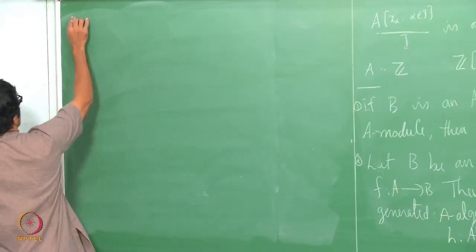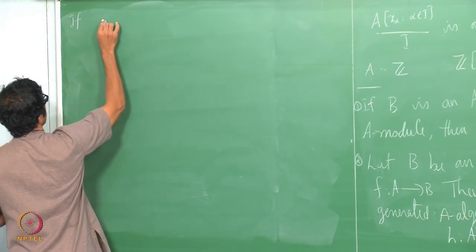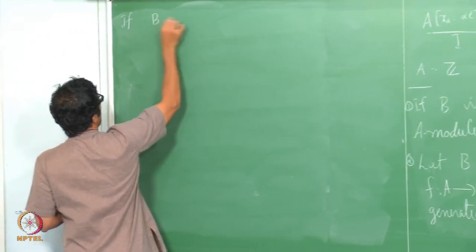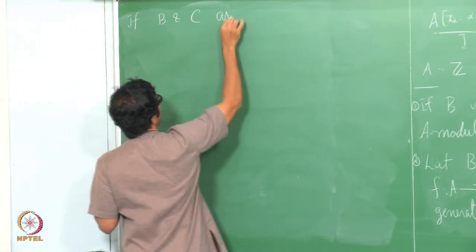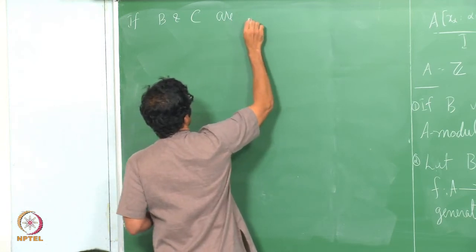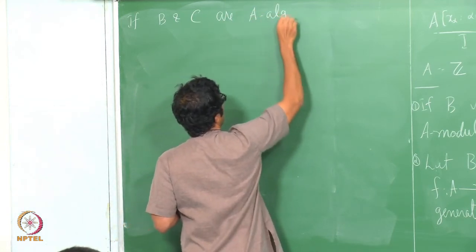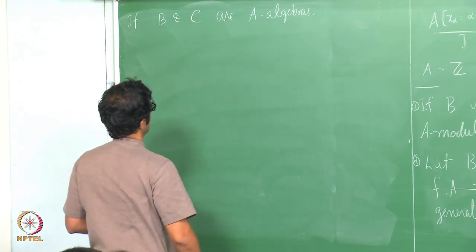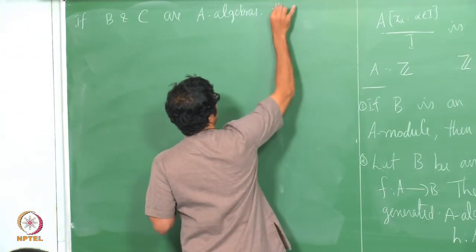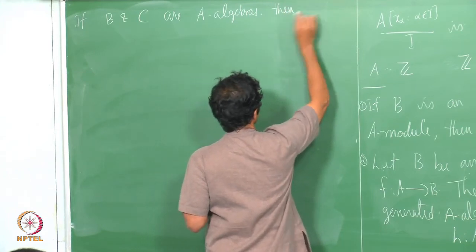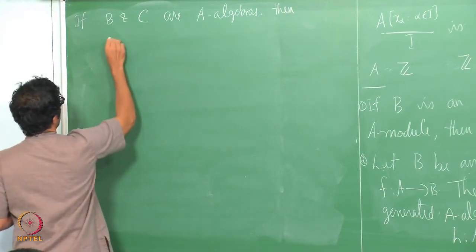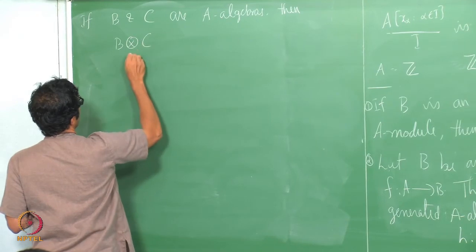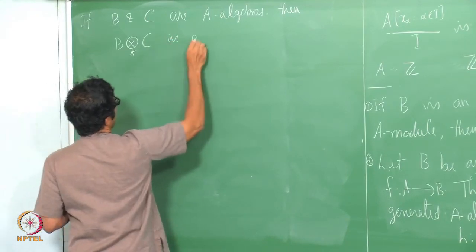So if B and C are A algebras, okay, then B tensor C is an A module.